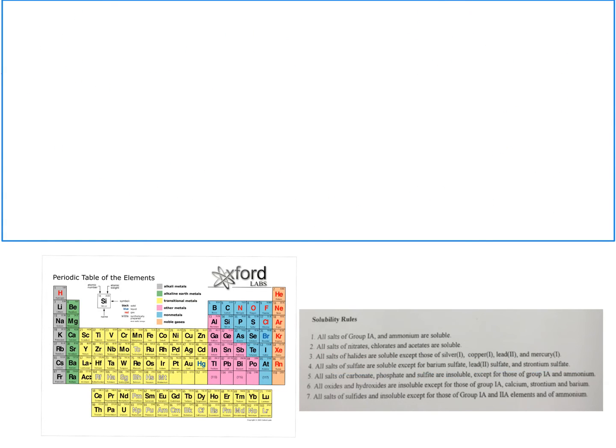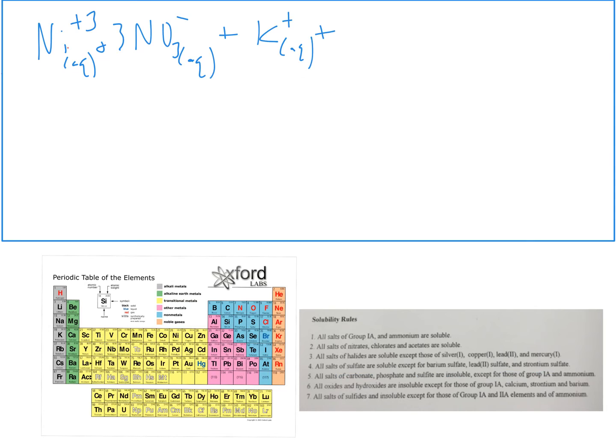And the last problem is nickel 3 nitrate. So let's start with that. Nickel 3 nitrate solution, and its solution, so these are all AQ, plus KBr. K is a +1, and Br is a -1.